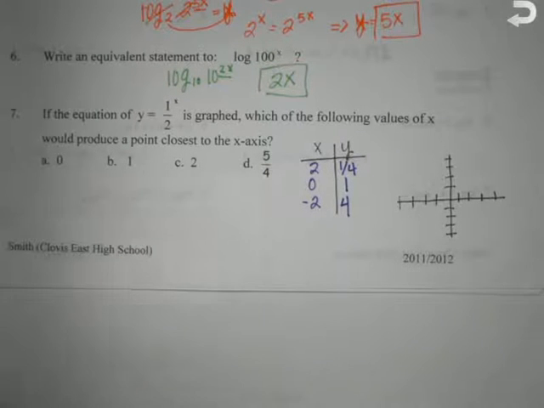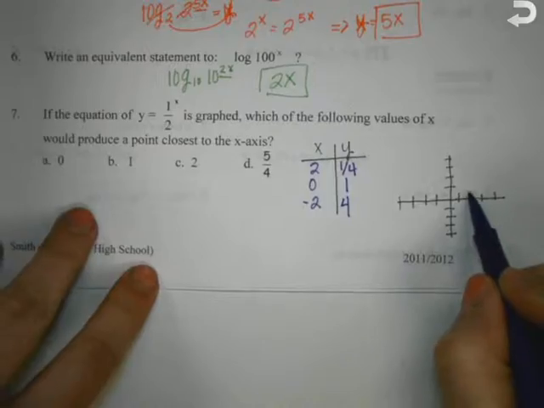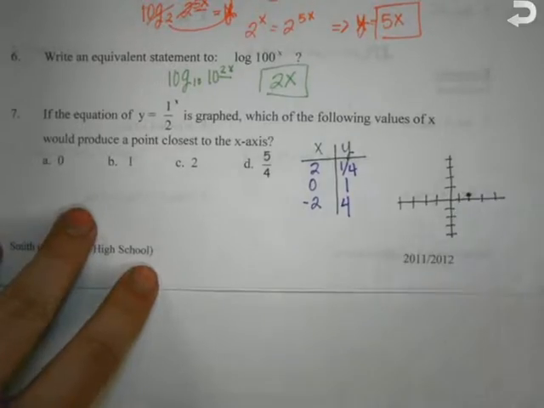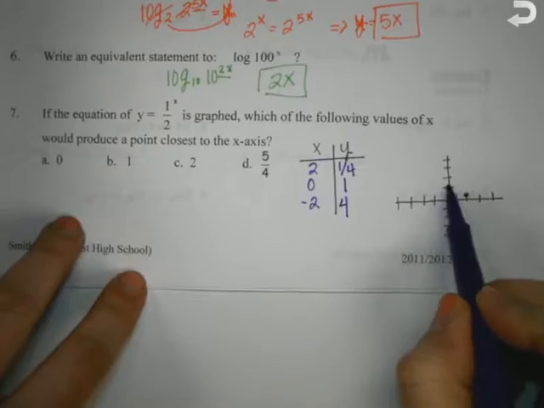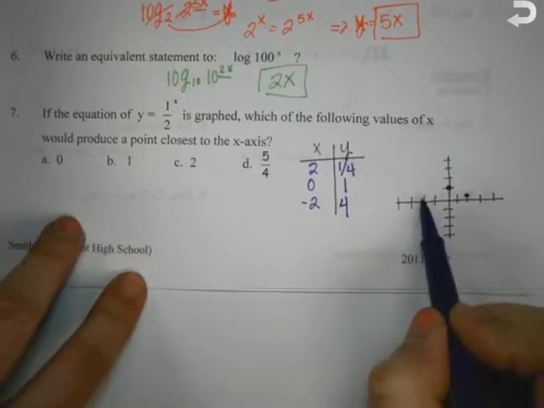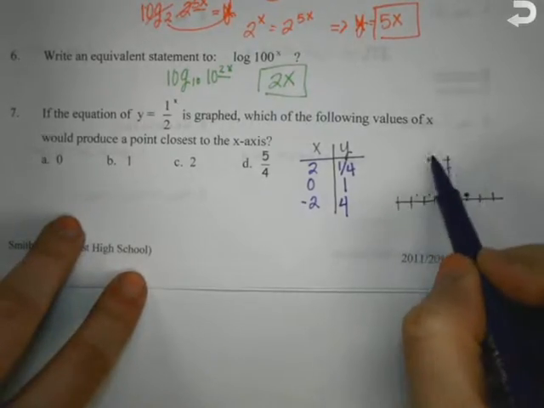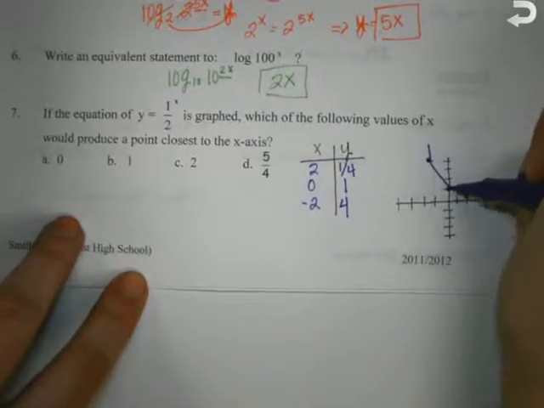So x is 2, and 1/4 is somewhere in between 0 and 1. And 0 and positive 1 up here. And -2, positive 4. So my graph is going to look something like this. Will it ever touch the x-axis? No, but it will get really, really close.